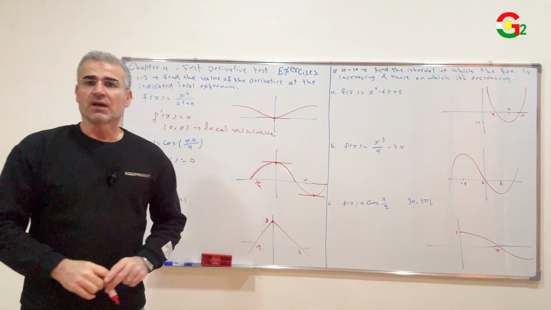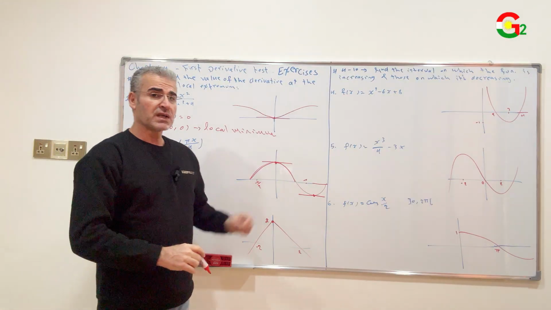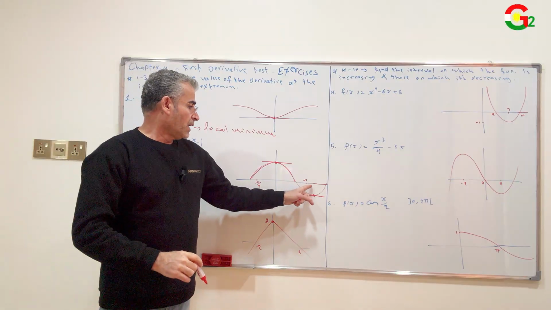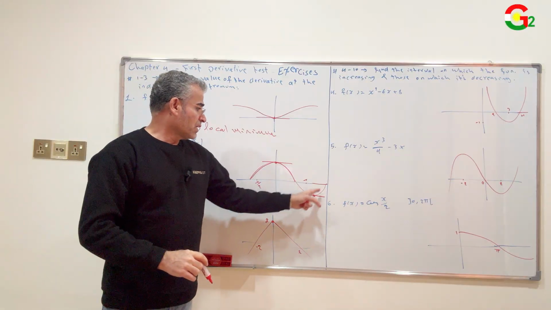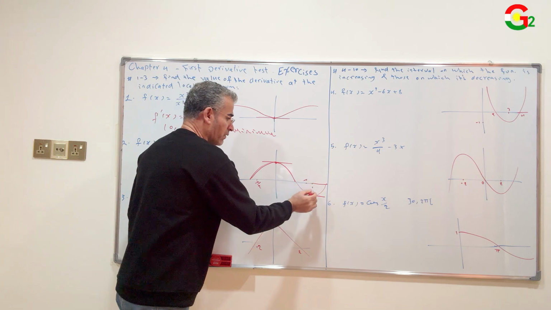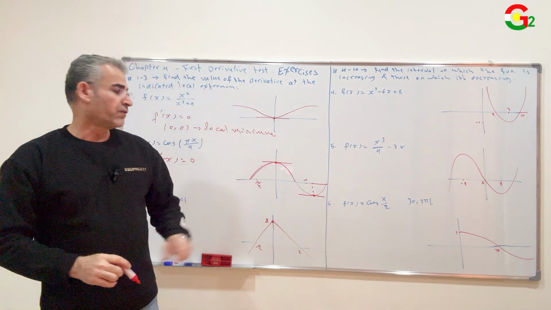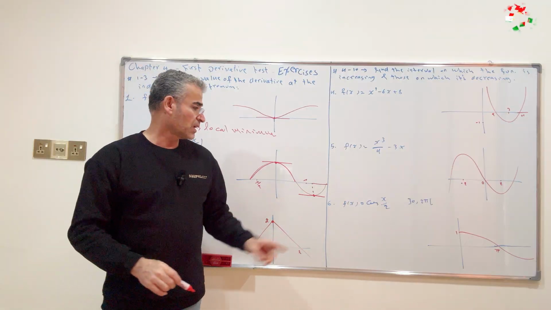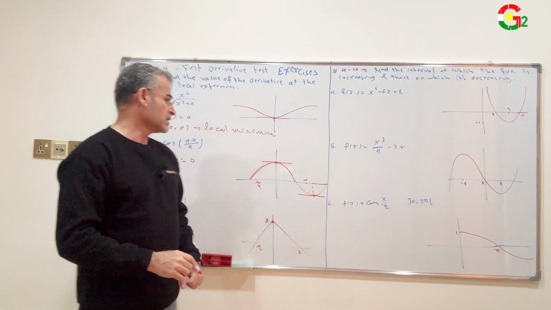Therefore, the graph of its derivative intersects with the x-axis at this point at 0. And the function changed from decreasing to increasing at this point. Therefore, the graph of the derivative of this function intersects with the x-axis at this point.